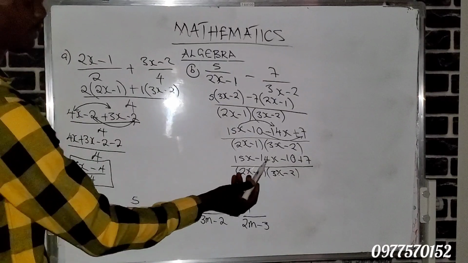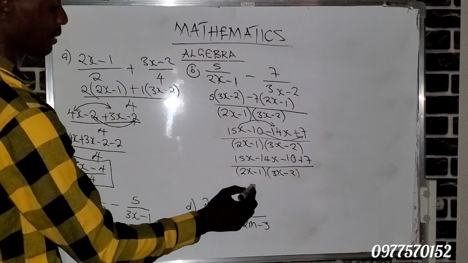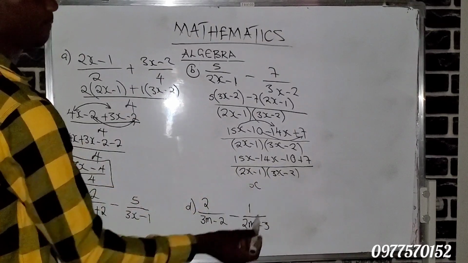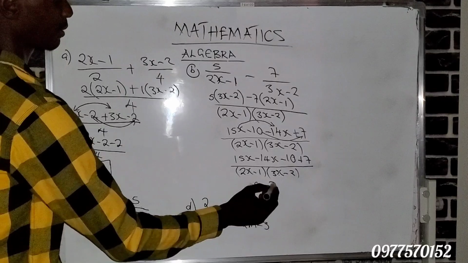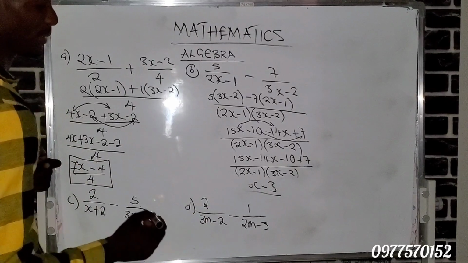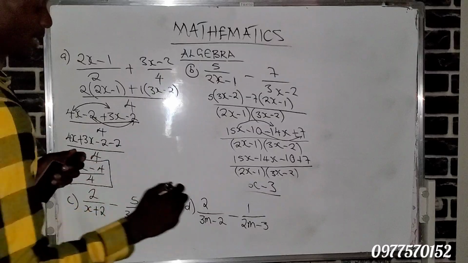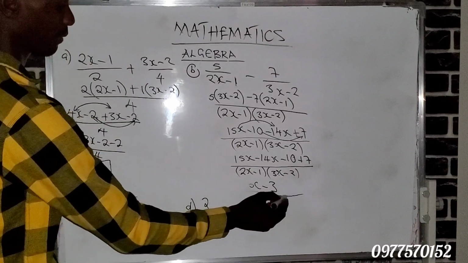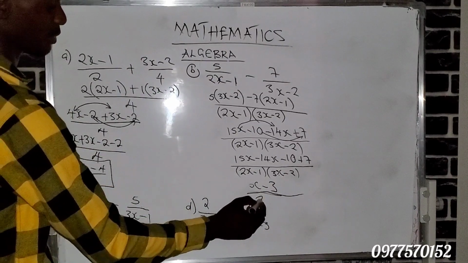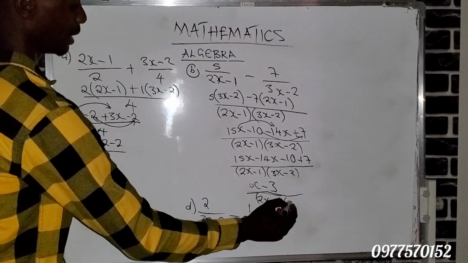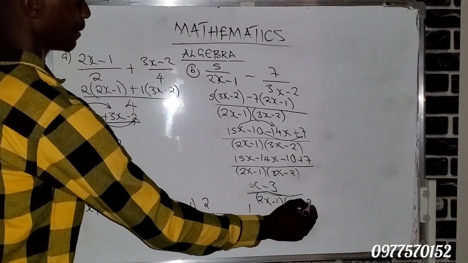So 15x minus 14x is just x. Here, negative 10 plus 7 is negative 3. So the final answer is x minus 3 over the denominator, which is 2x minus 1, in brackets, 3x minus 2.